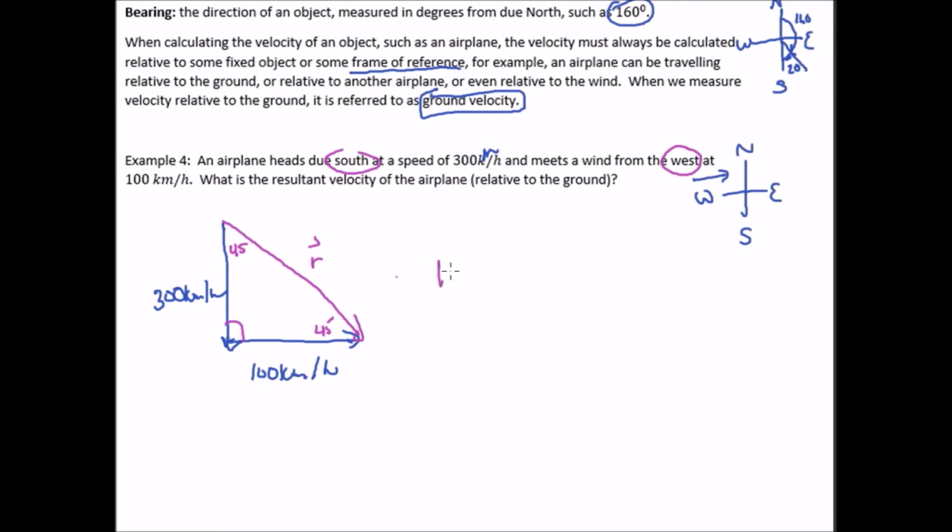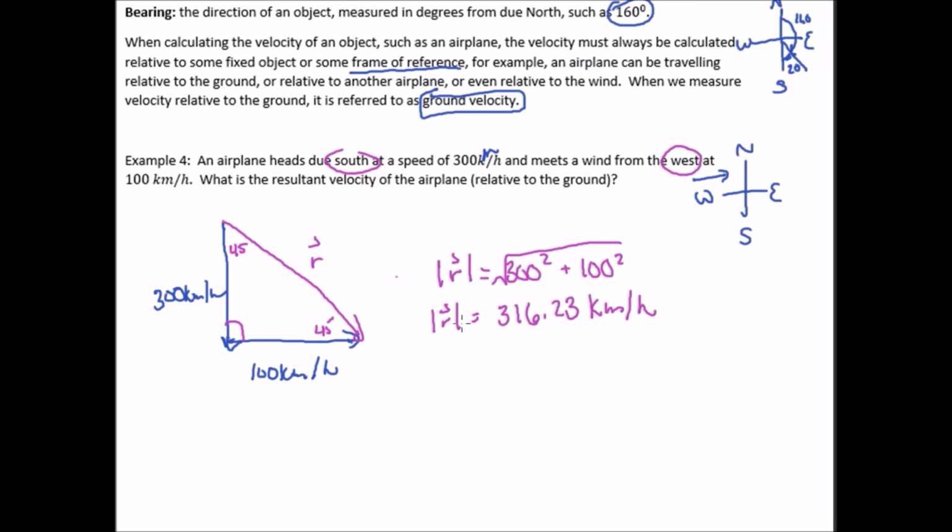Let's talk about the magnitude of r equals 300 squared plus 100 squared, all rooted. Let's round it to 316.23 kilometers an hour. So that's how fast it's moving.